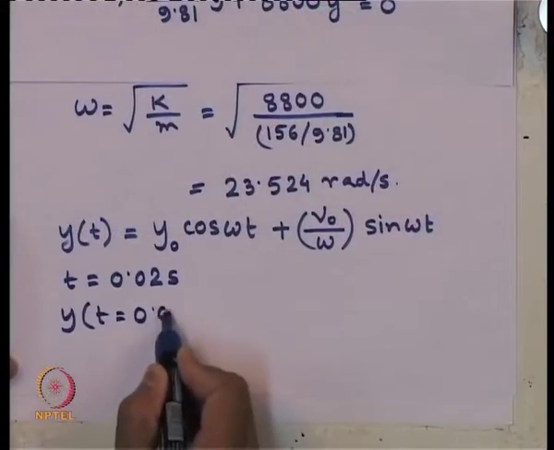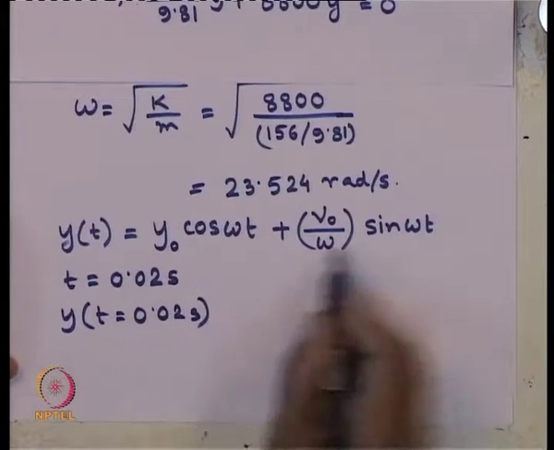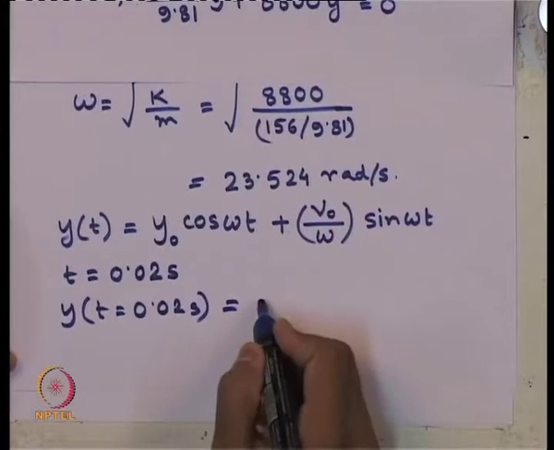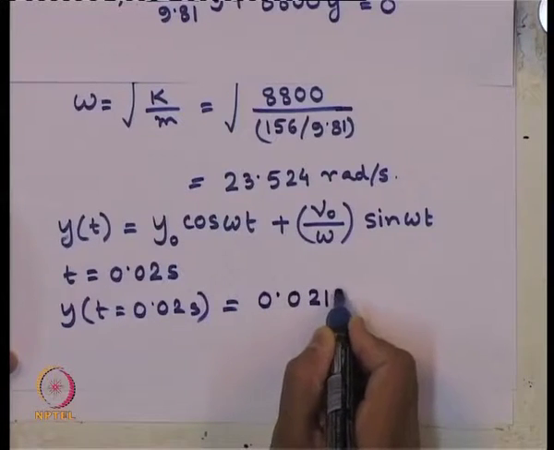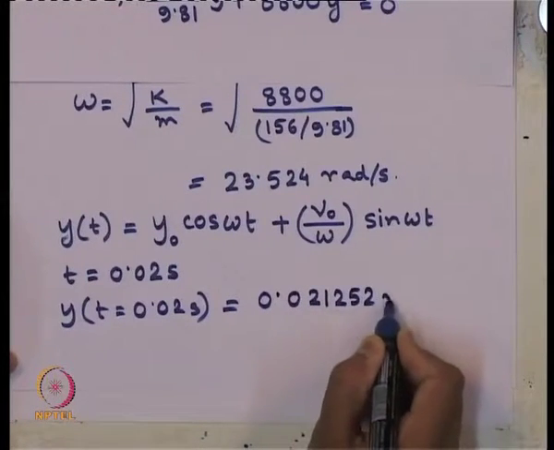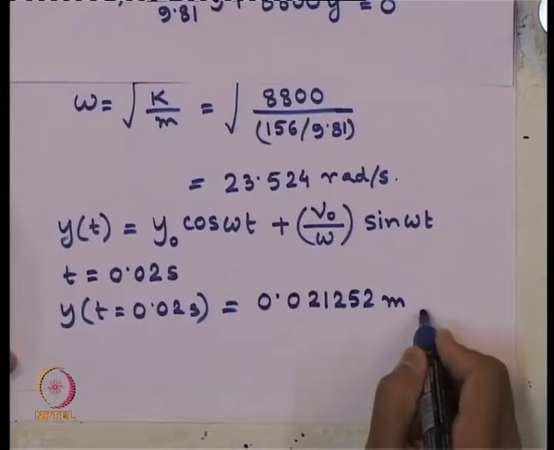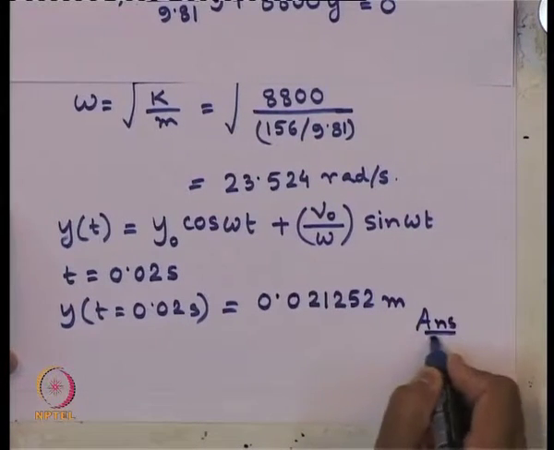So, y at t equals 0.02 second, if we put in this expression, we will get the value. It comes out to be about 0.021252 meter. So, that is the answer of the problem.